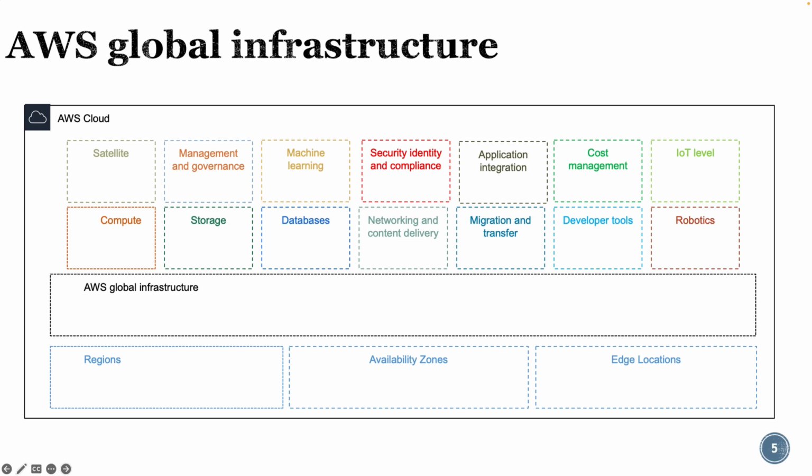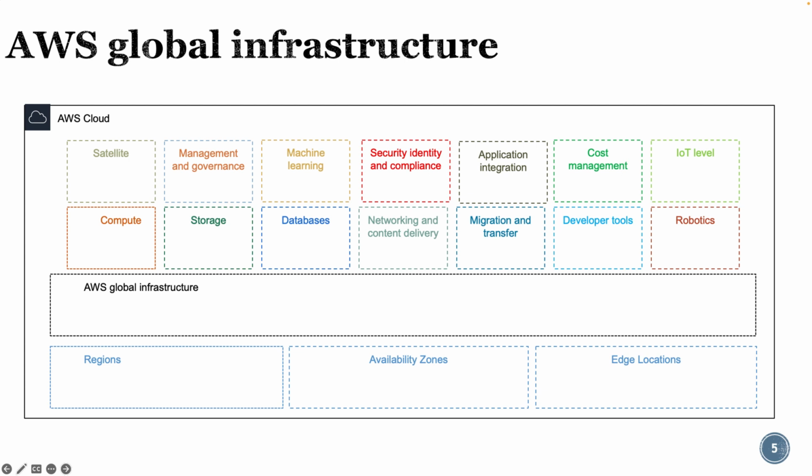But you should have an understanding of all of these high-level services, as well as analytics, security, and identity and compliance. We have a level for mobile and AR and VR, a level for application integration, and also AWS cost management. So all of these multiple different levels of services sit on top of the AWS Global Infrastructure.